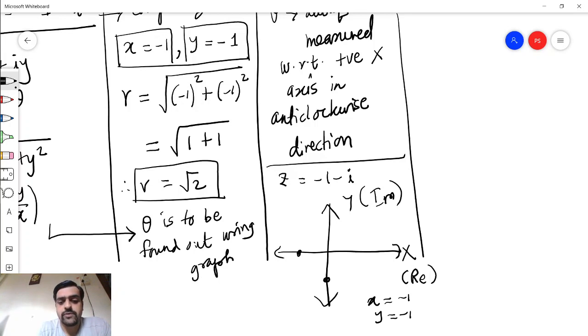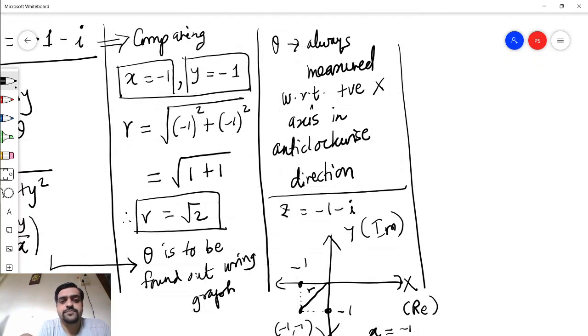And minus 1 on the y-axis will be here. So our number with coordinate pair minus 1, minus 1 will be in the third quadrant. Now this is r, and now according to the definition of theta, which is mentioned here, theta will be this much.